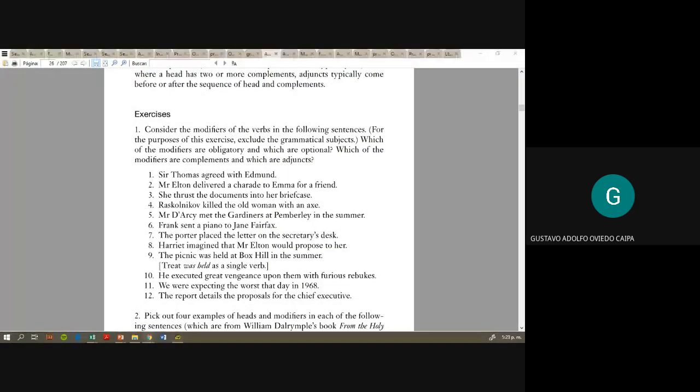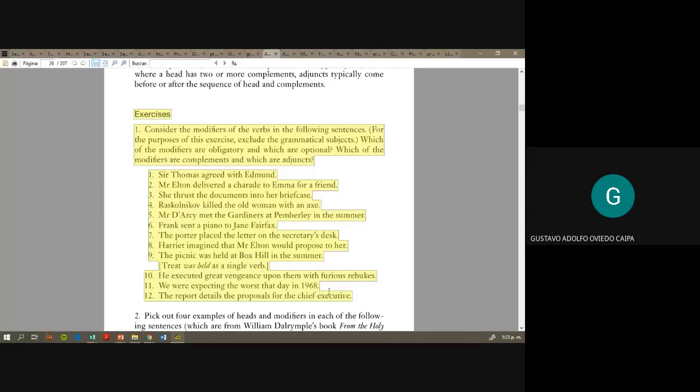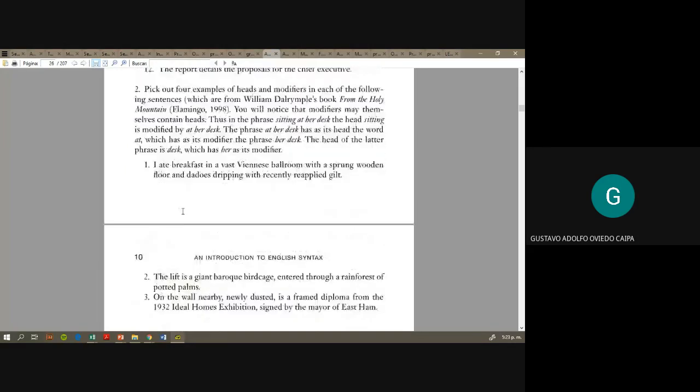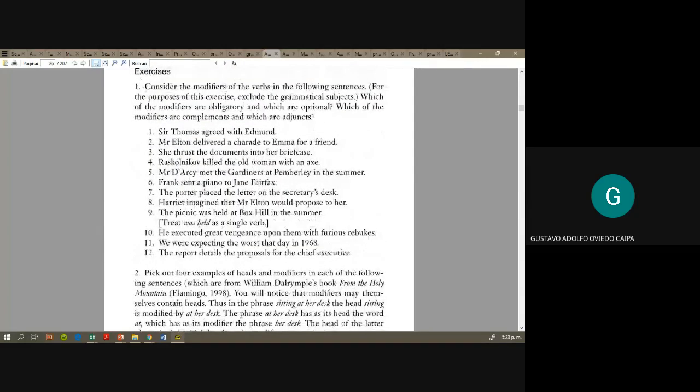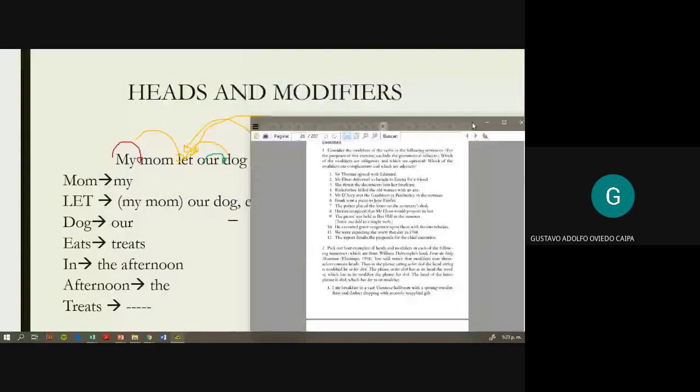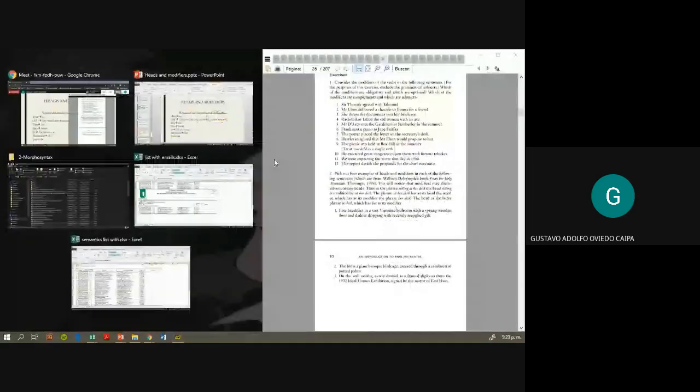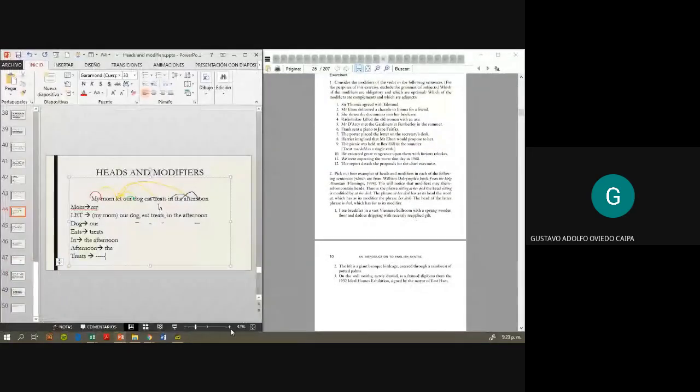This is just for practice. But what I want you to do is work on exercise one, and exercise 2, I'm going to add a modification. So let me show you the modification that I added.